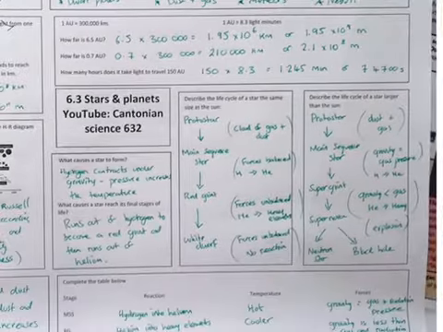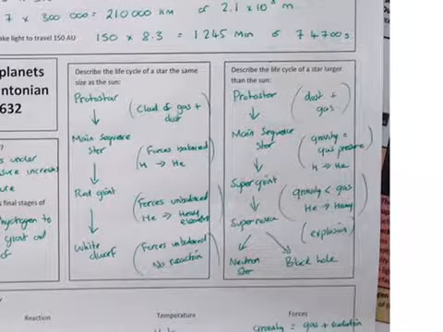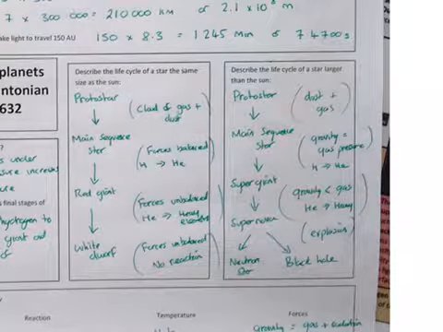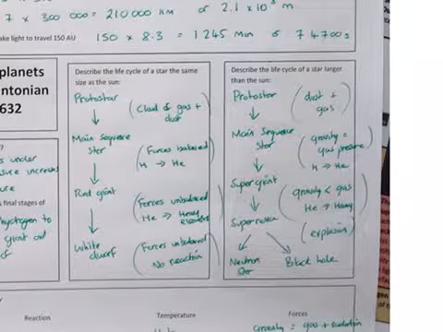Let's go down now. I'm looking for time. Yeah, not too bad. Describe the life cycle of a star the same size as our sun. So a smaller star. You're going to start with a protostar, which is a cloud of gas and dust clumped together under gravity. Okay, they contract, and that's how you get your protostar. And then that turns into a main sequence star, which is what our star is at the moment. I think our star is 4.5 billion years in, and I think we've got another 4.5 billion years left on it.